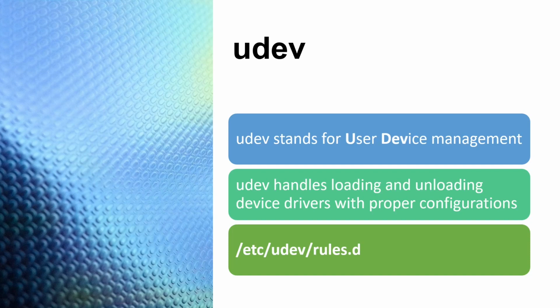When devices are added or removed from the system, udev receives a message from the kernel. It then parses the rules files in the /etc/udev/rules.d directory to see if any rules are there for the device added or removed.